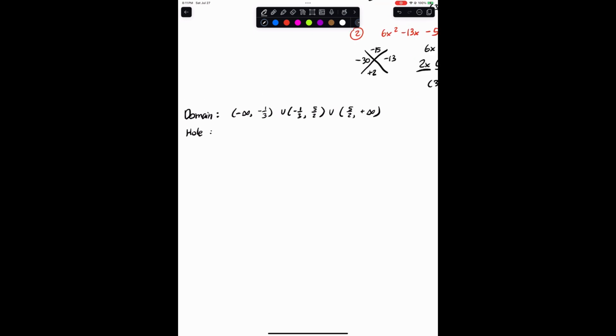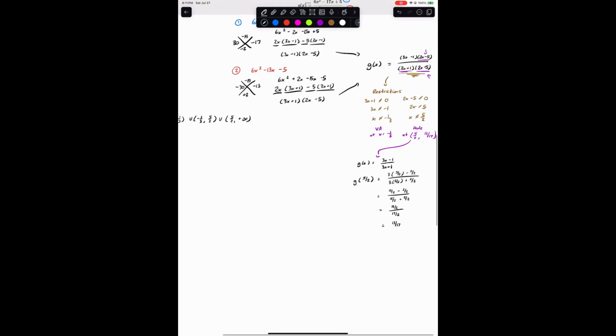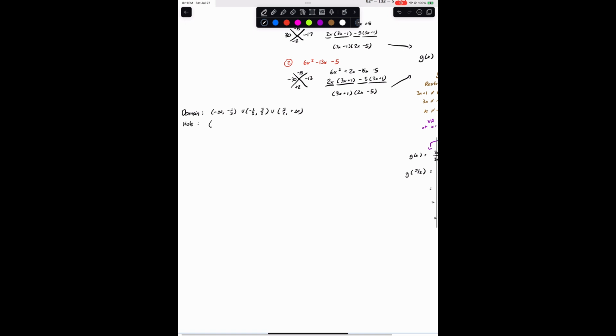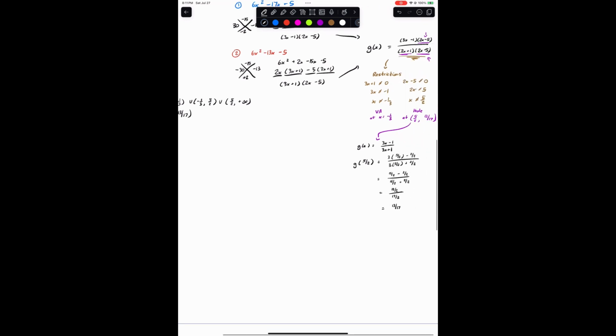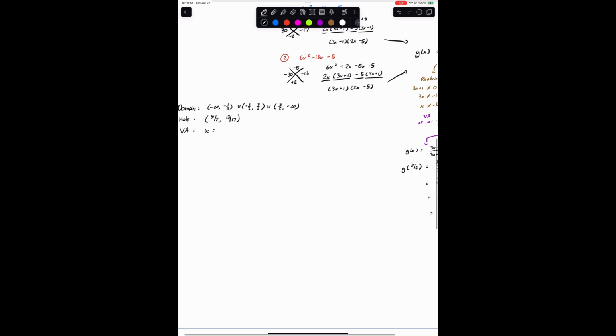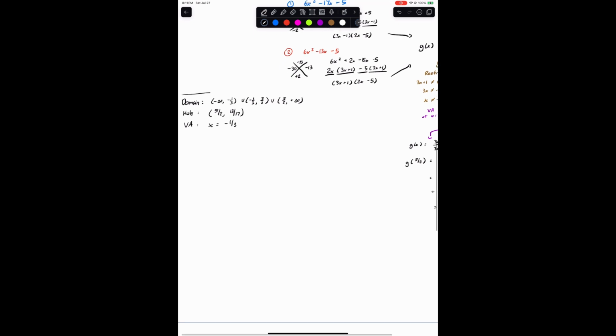Our hole is at 5 halves, 13 over 17. And our vertical asymptote is at x equals negative 1/3. Okay. So that is the first few parts of our answer.